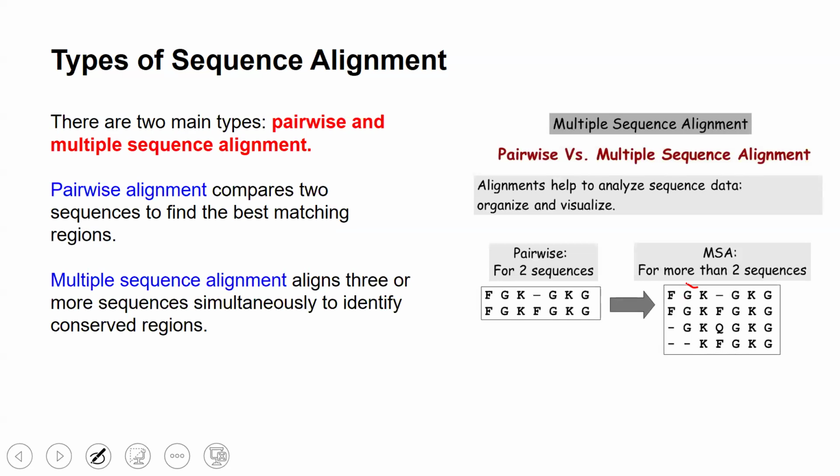And as we can see, ladies and gentlemen, this is a pairwise sequence alignment where two sequences are aligned. This is the first sequence and this is the second sequence. And this gap means that it is not a conserved region.